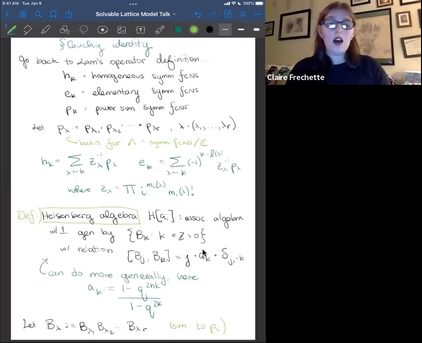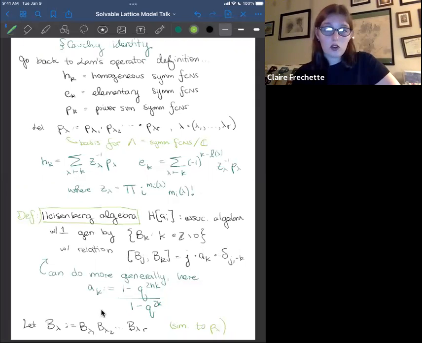And you can do this very generally, but in particular, just for this talk, we're going to pick our A_i, or I'm going to call them A_k most of the time, to be a sum of powers of q. So I'm going to take (1 - q^(2nk)) over (1 - q^(2k)).